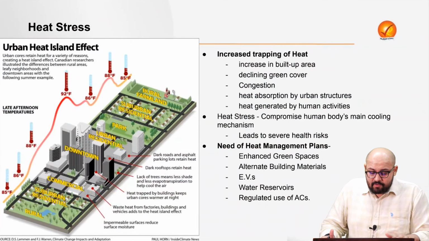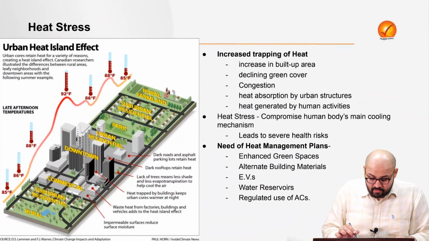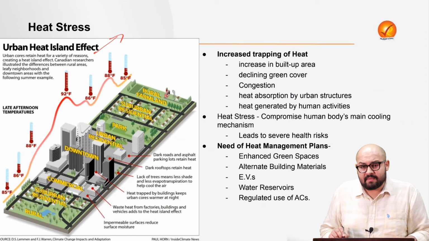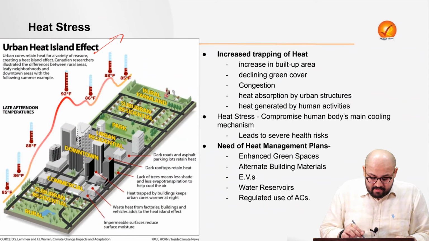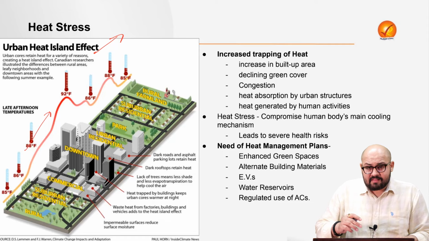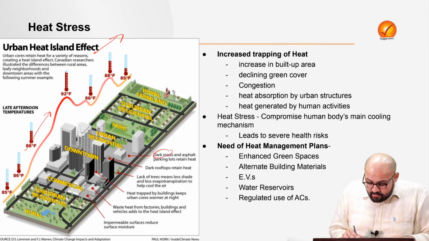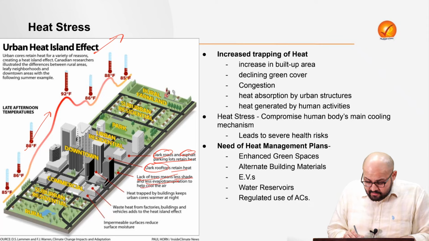Now, you can see in this image a description where the temperature variation is being shown, right? You have buildings and the temperature rises as the concrete structure rises, right? It says that the dark roads and the asphalt parking lots retain heat. Then we have dark rooftops, they retain heat. Then we have a lack of trees, which means less shade and less evapotranspiration, which helps to cool the air, right?